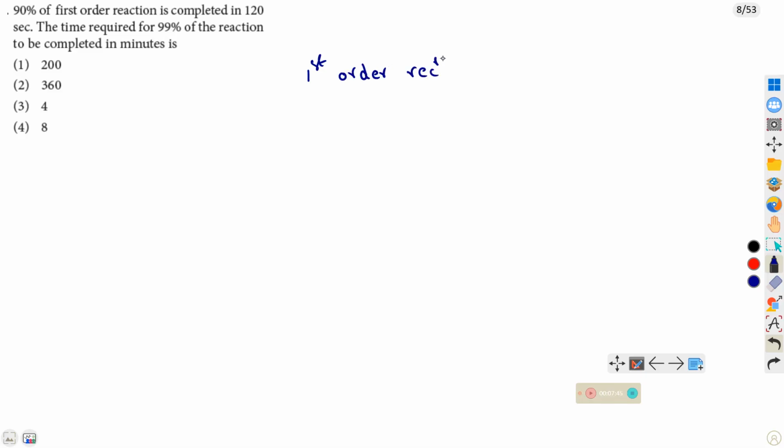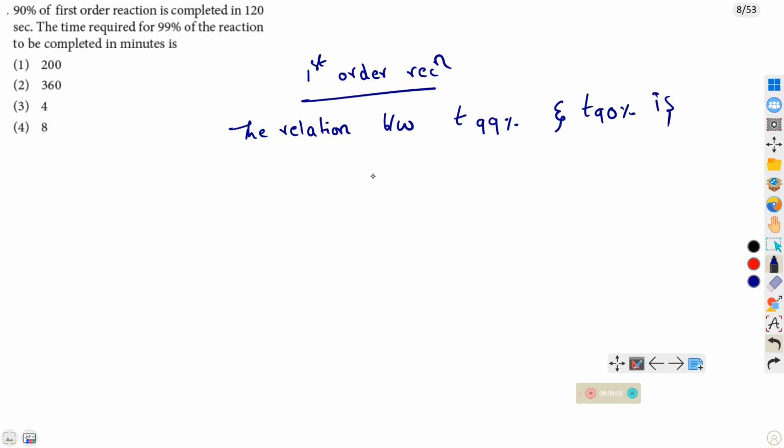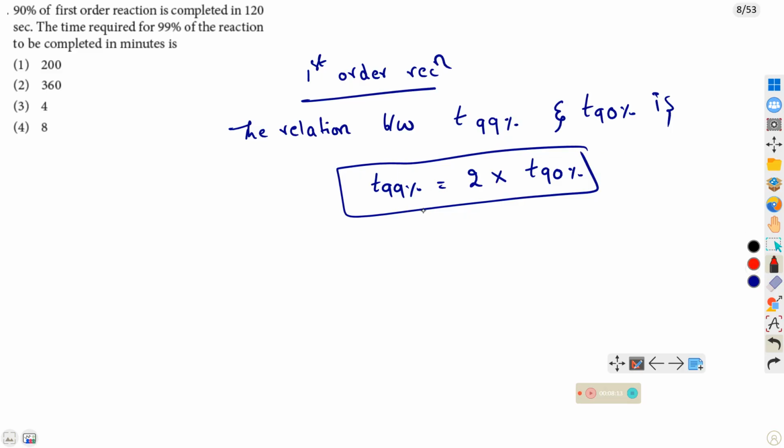For a first order reaction, the relation between t90% and t99% is t99% equals 2 into t90%. The t90% value is given as 120 seconds. 2 into 120 seconds is equal to 240 seconds.